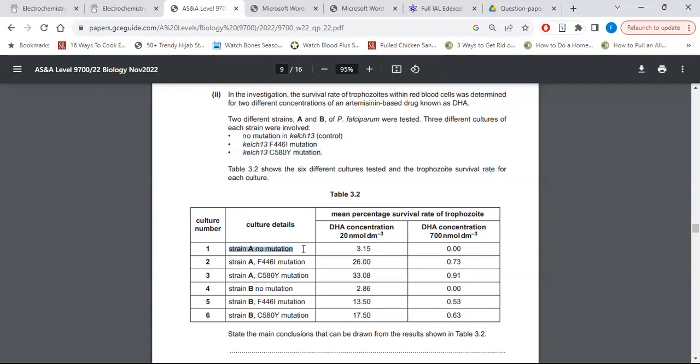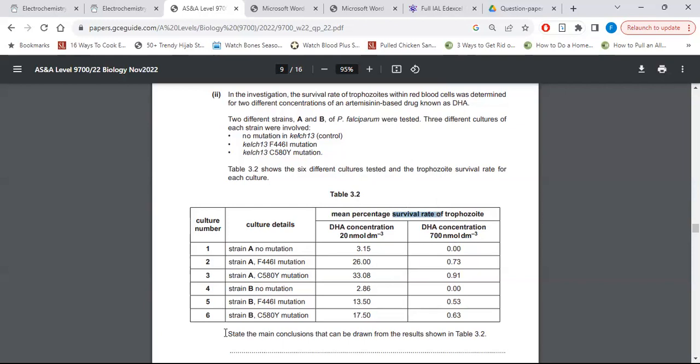The first strain with no mutation, then the same strain with the F446 mutation, then again strain A with the C580Y mutation. Then they took the other strain, strain B, and similarly no mutation, F mutation and C mutation, right? So they have compared all the mutations as well as the two strains. And then they have treated all of them with a low concentration and a high concentration of the drug, and they have calculated the survival rate, meaning how many of the trophozoites survived, right?